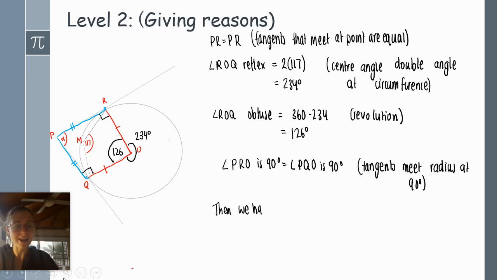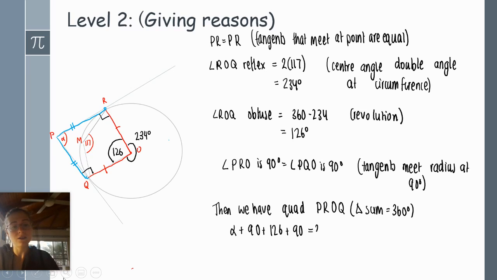Okay, now I have a quadrilateral PROQ. So the angle sum of any quadrilateral is 360 degrees. So I have alpha plus 90 plus 90 plus 126 is 360, and I can find alpha.